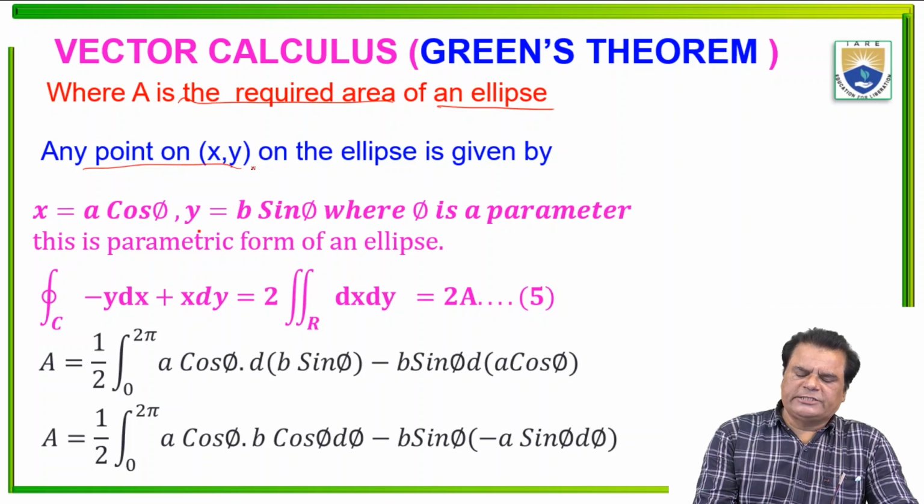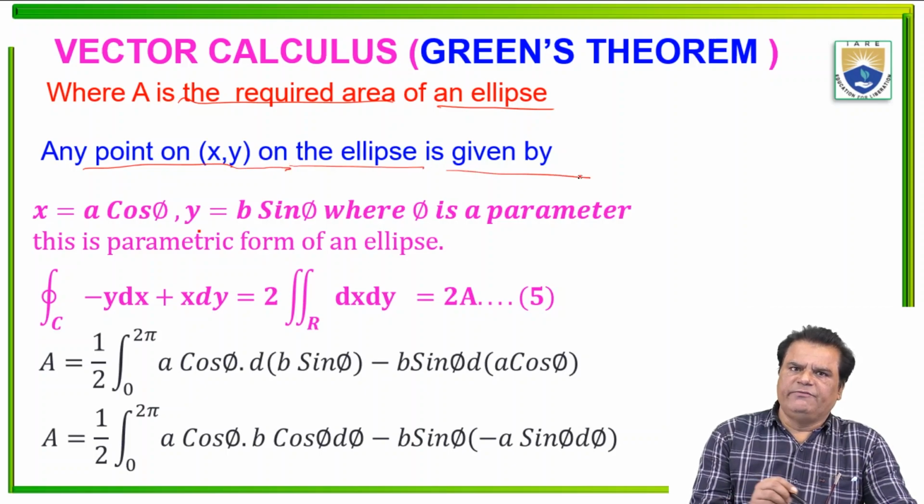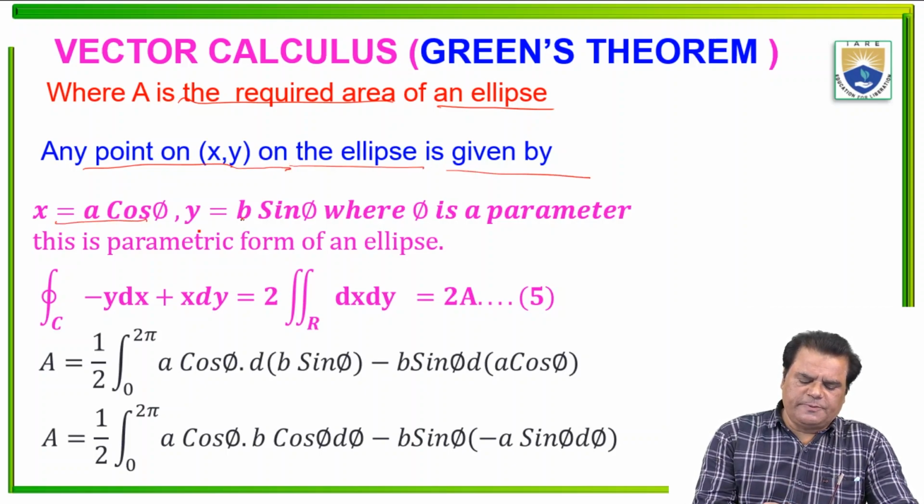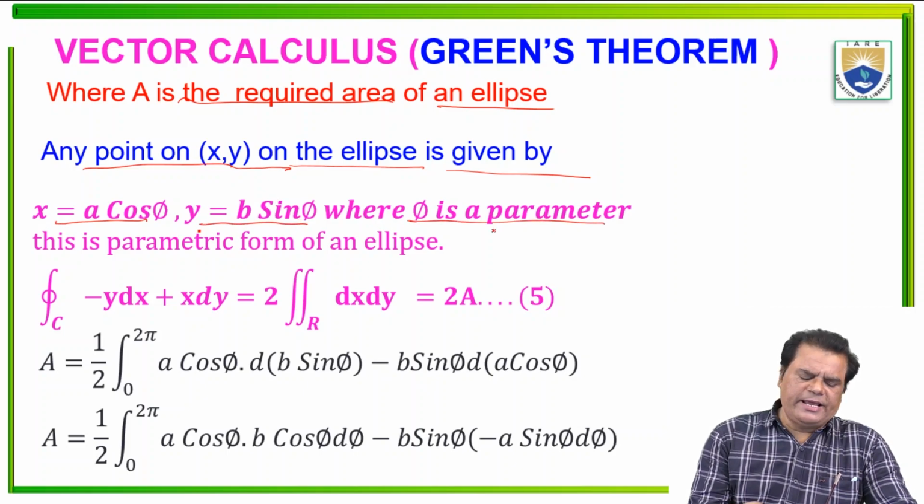Now A is the required area of the ellipse. Any point x, y on the ellipse is given by x equals a cos phi and y equals b sin phi, where phi is a parameter.